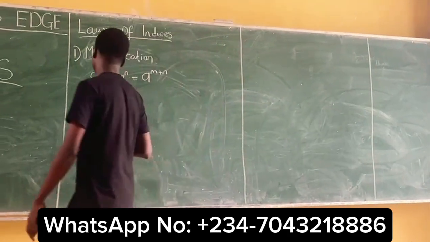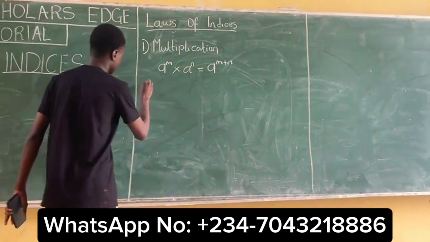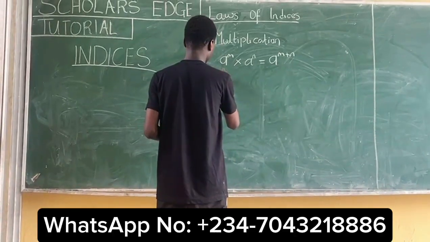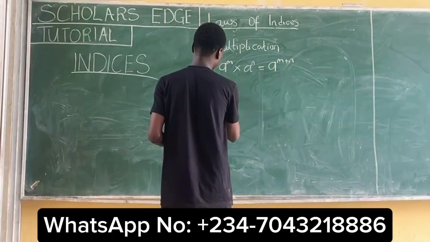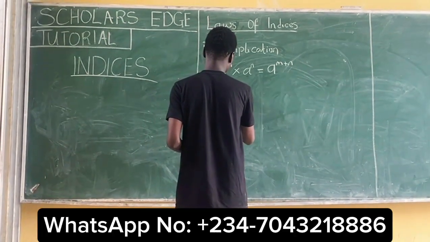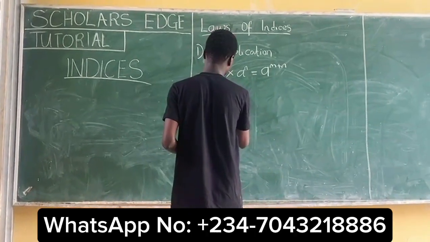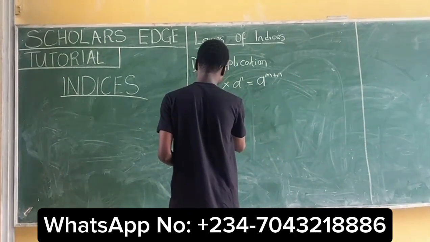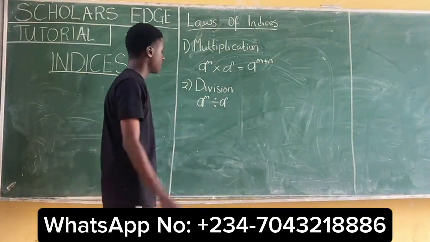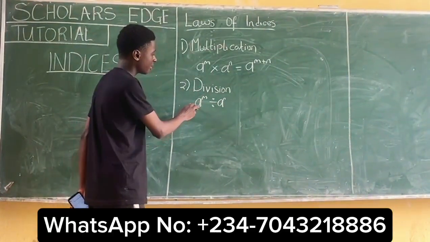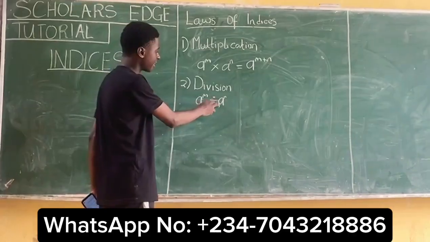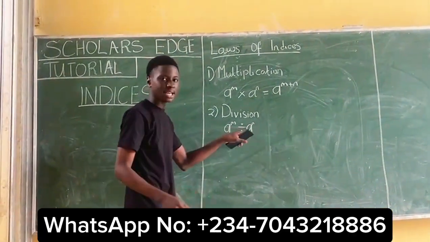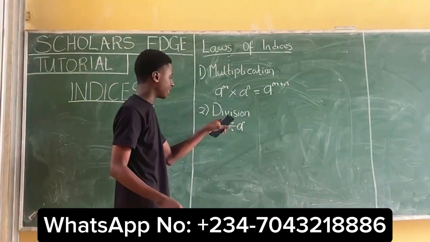Now looking at the division law of indices: a to the power of m divided by a to the power of n. The division law tells us that if the bases are the same, we subtract the powers.